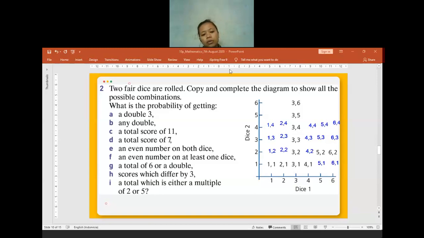It's like 3,6, yes. A double of 3. So in any one of the dice, you will have any number that is double of 6. A double of 3, sorry. So it's like 6,2, 6,1 like that. So how many are there in total? Wait.